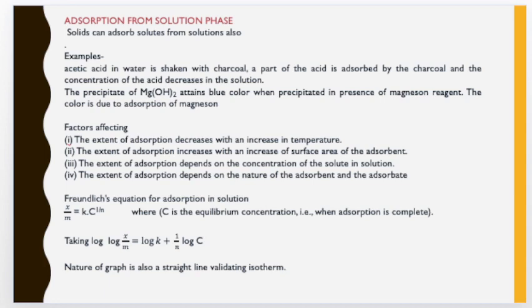If the process of bonding is taking place, then chemisorption will take place. If the attraction between the adsorbent and adsorbate is van der Waals force, then physical adsorption will take place. So the adsorption in the solution phase will depend on the concentration of solute and on the nature of adsorbent and adsorbate.